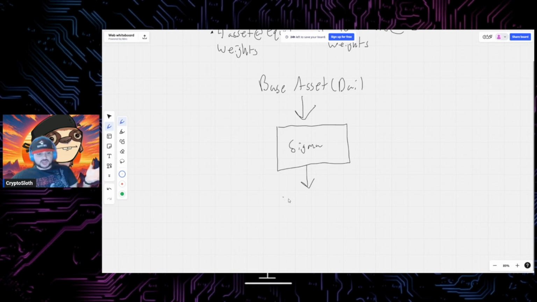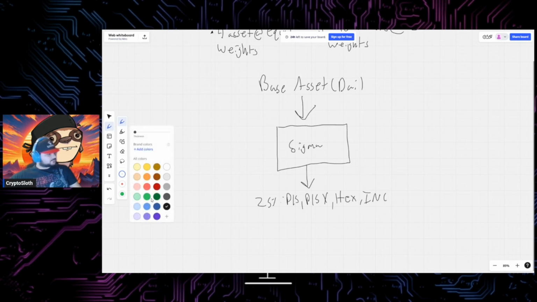Let's just use the PulseChain core assets because there's 4 of them. So it'll swap 25% into Pulse, PulseX, HEX, and Inc. And then the protocol will spit the user out an EWI token.